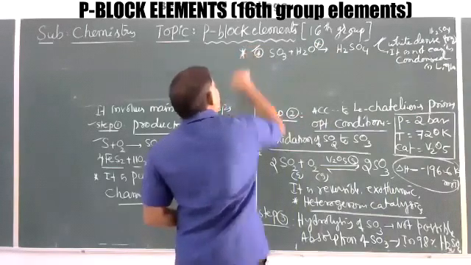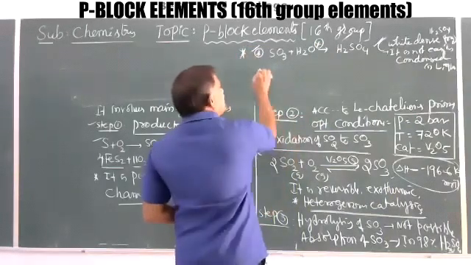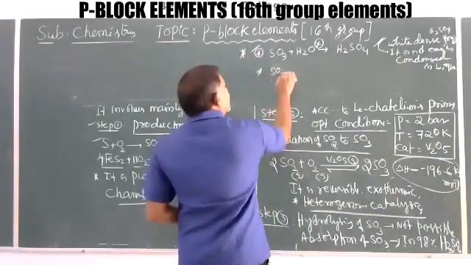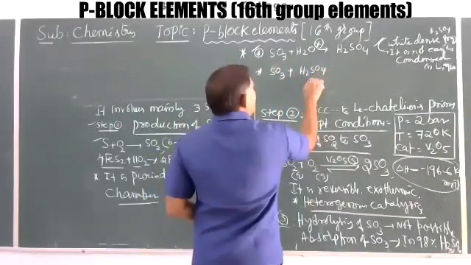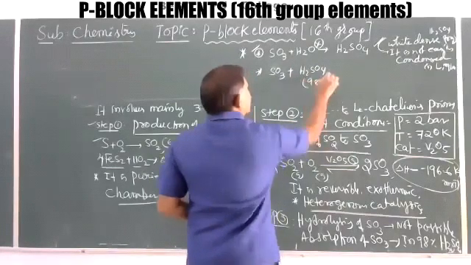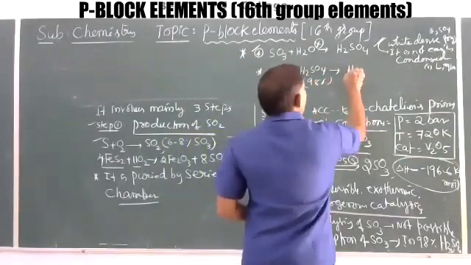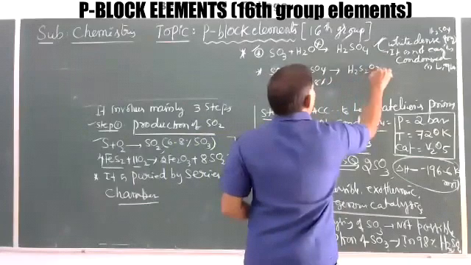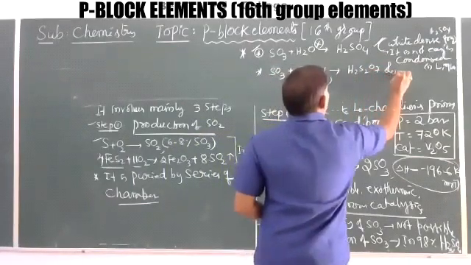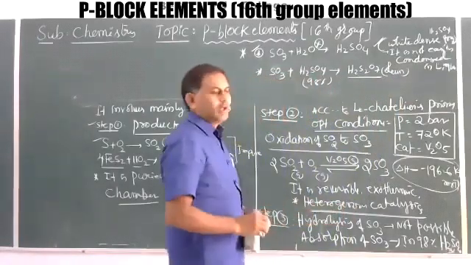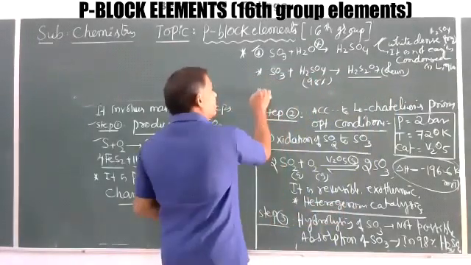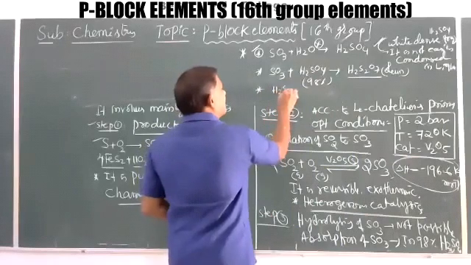That's why the obtained sulfur trioxide is reacted with already prepared 98% sulfuric acid. It gives H2S2O7. This is called oleum, fuming sulfuric acid. The obtained fuming sulfuric acid undergoes a hydrolysis reaction.